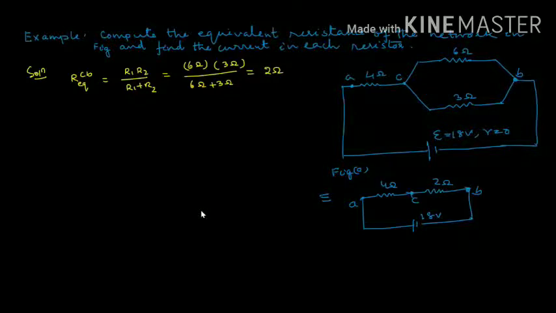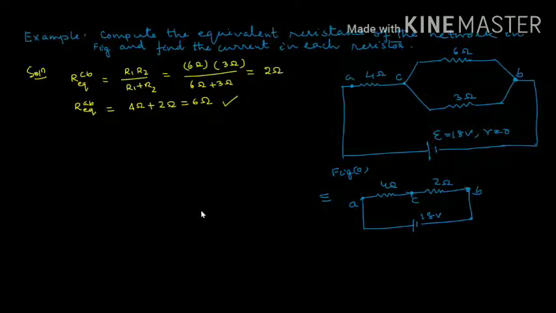This is the circuit. R equivalent between A and B is equal to the sum of the resistances of the two resistors, that is 4 ohm plus 2 ohm, that is equal to 6 ohm. So this is the equivalent resistance between A and B. So this is the answer.